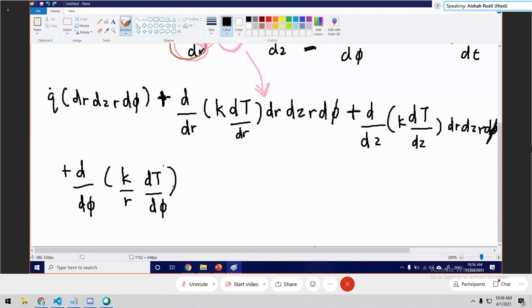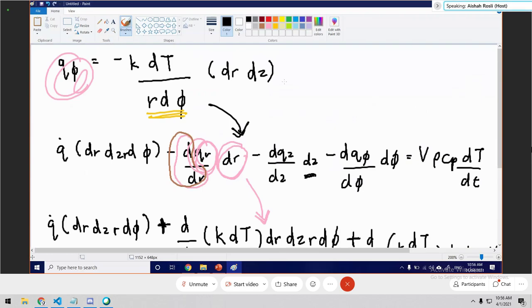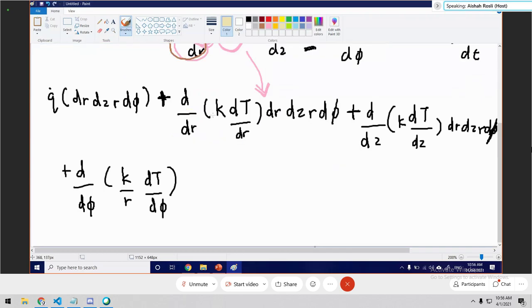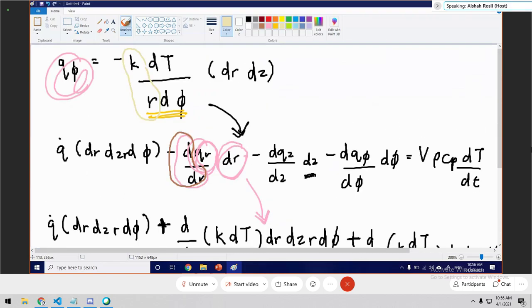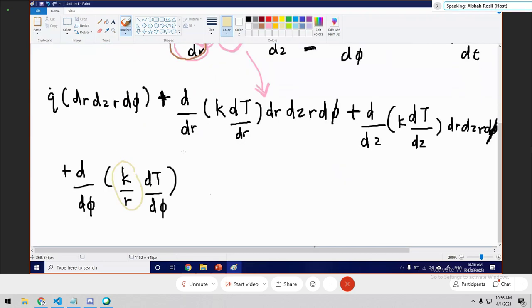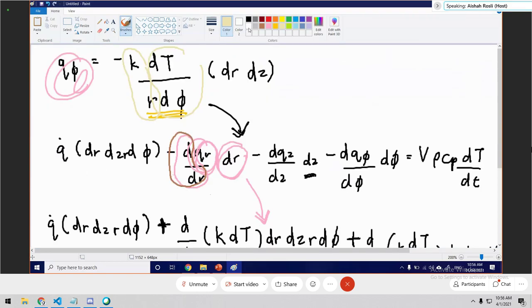So how do we get this? If we see just now, for q phi, we have this k over r here. So this is how we get the k over r here. And then dT d phi is here. And then we consider the area dr dz.